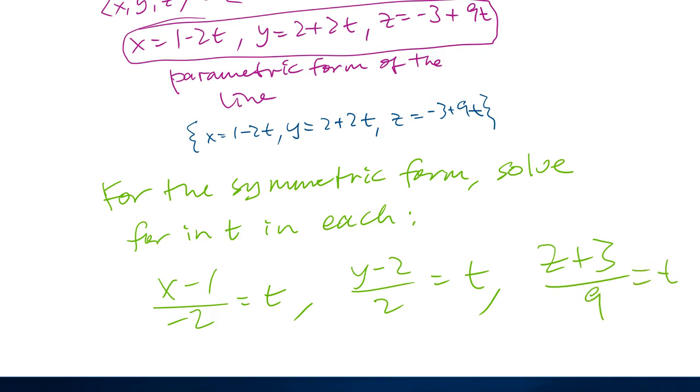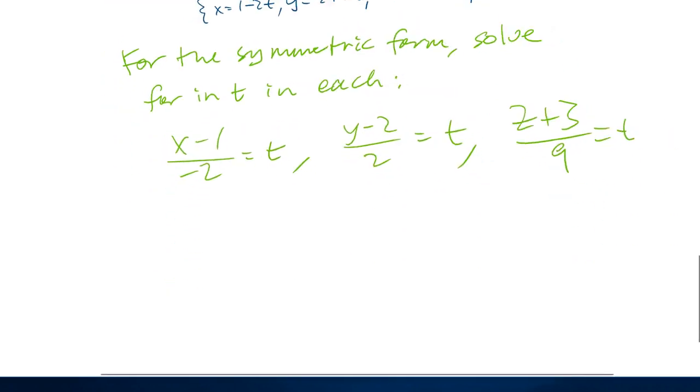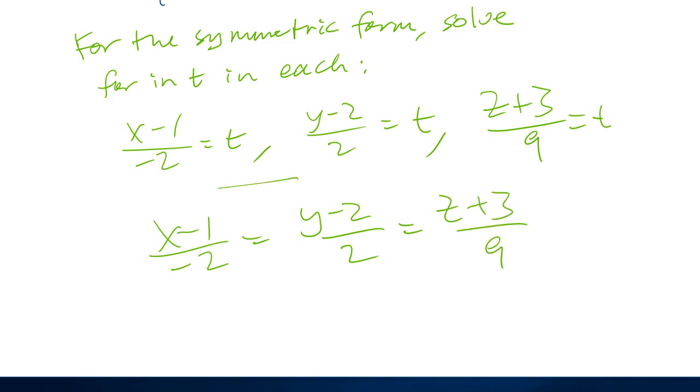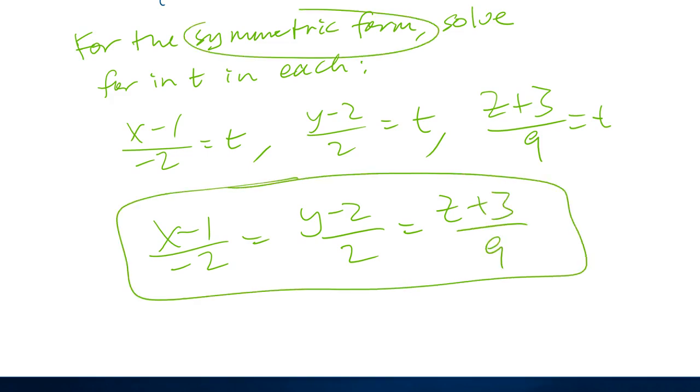Now, all these are equal to t, so we can write x minus 1 over negative 2 equals y minus 2 over 2 equals z plus 3 over 9. And that is the symmetric form of the line.